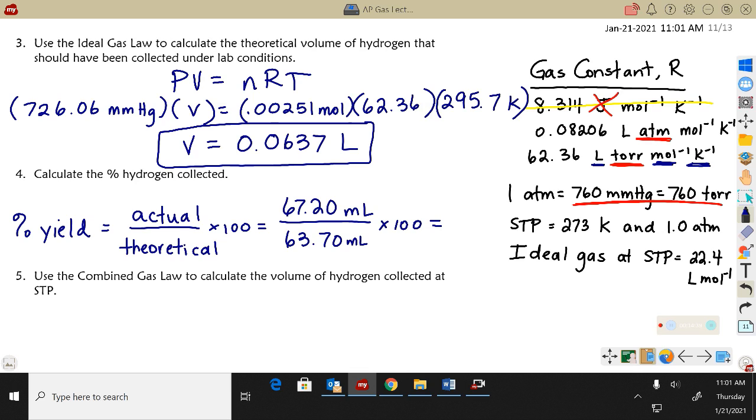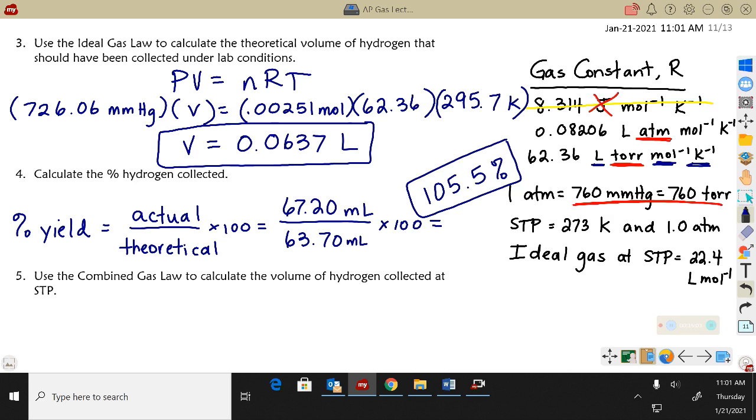Maybe I'll say about 105, 106, somewhere in there. There we go, 105.5. A little bit over 100. But gas labs are tricky. There's just lots of room for error. So I'm okay with that. We're pretty close to 100% yield.